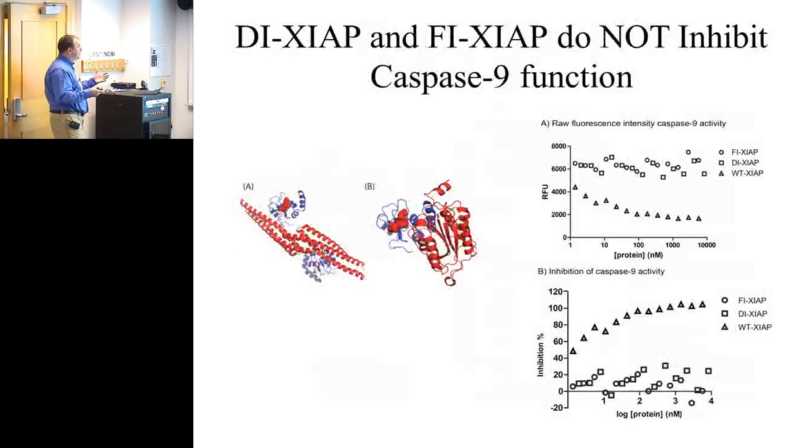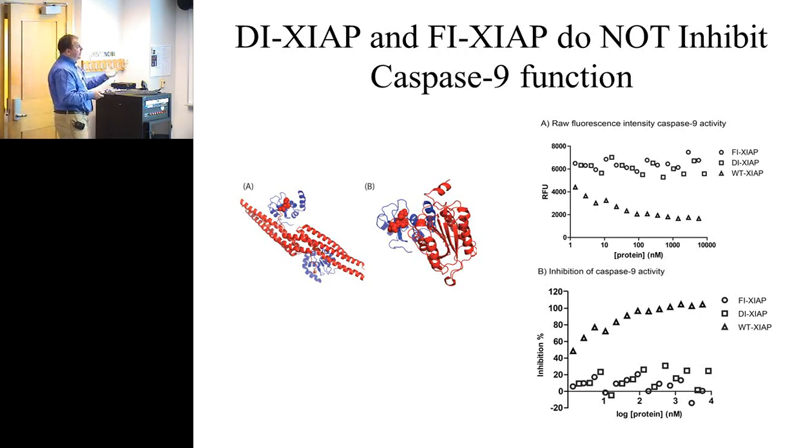So they also looked at, all right, so you've designed an interface that binds Smac. Well, what about binding caspase-9 and inhibiting caspase-9 function? So Xiaoman Wang's group has a very nice experiment where they can look at the protease activity of caspase-9 in the presence of XIP.